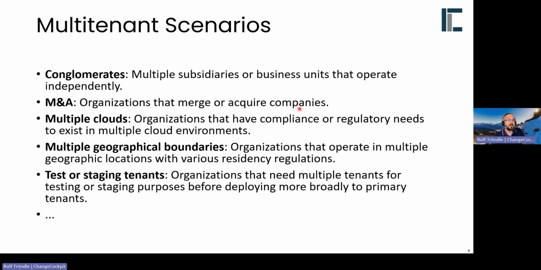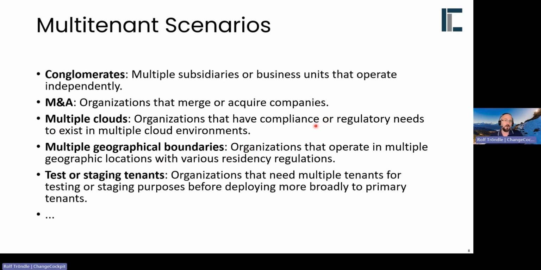Perhaps we have very complex compliance or regulatory needs. Therefore, we need to have tenants in different areas of the world. Let's say we have one which needs to reside in Australia, and we have one which is in Europe. And perhaps we have even such compliance or regulatory needs where multi-geo inside one Microsoft 365 tenant isn't good enough. Then we have multiple geographical boundaries.